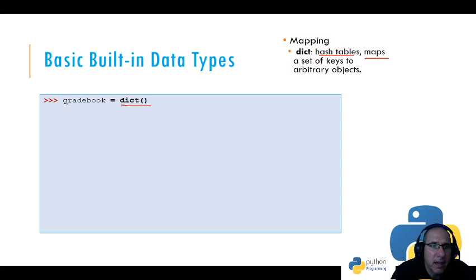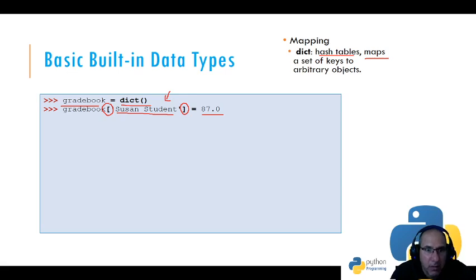So let's say that I have a grade book, and the grade book is a dictionary. Right now this creates an empty dictionary. I may add an element to the dictionary, and the element consists of two parts, a key and a value. This is between square brackets, like a list. We have the square bracket, the subscript, but the subscript here is a string.